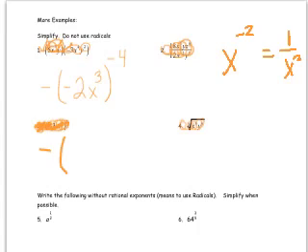So is this negative going to stay there? No. This negative is going away. Then 2 is going to get raised to the negative 4 and x gets raised to the negative 12. All I've essentially done is take care of the fact that the negative raised to the fourth power is going to go away.